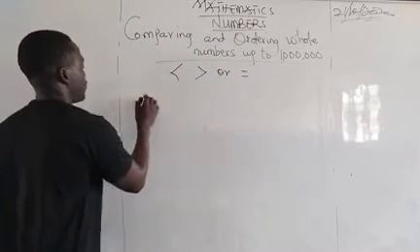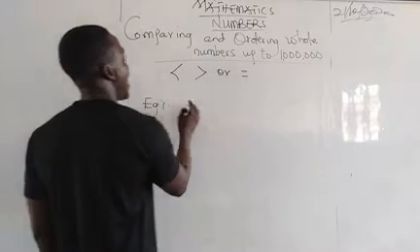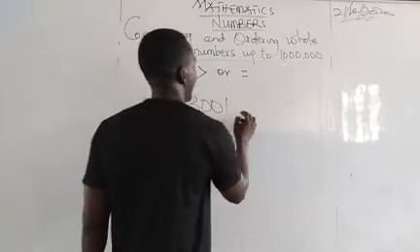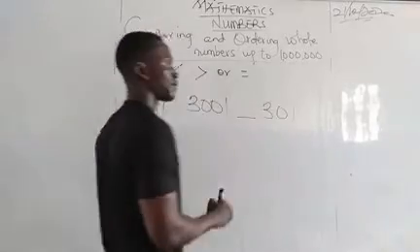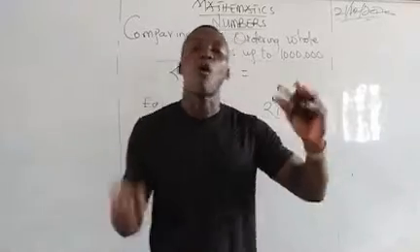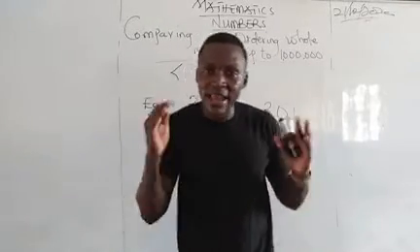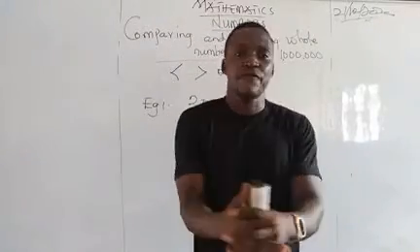So for example, if I have 3001 and 301, the rule says that before you can compare any whole number, you need to count the number of digits each figure has.